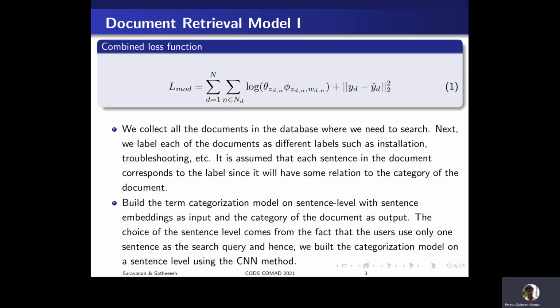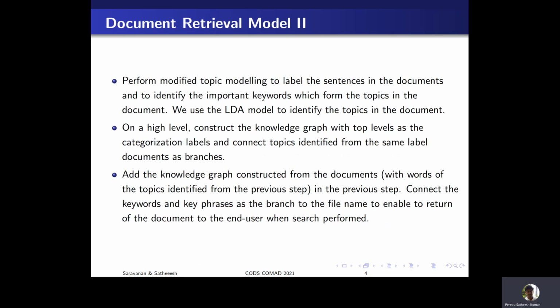What we did is collect all the documents in the database which we need to search. We label each sentence in the document with the categorized document label, because normally such a query will be one to two sentences long. So that's why we label each and every sentence with the available document label. Further, we use this combined document model to construct the knowledge graph in this form, and the leaf nodes will be the documents.